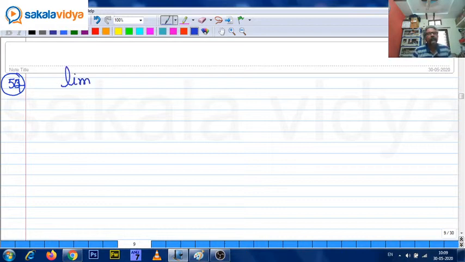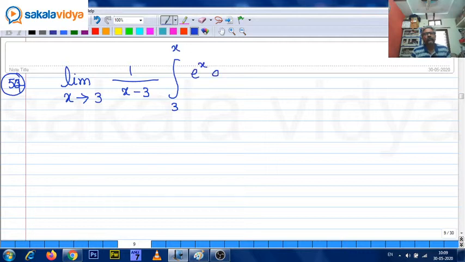Limit x approaches 3, 1 upon x minus 3 times integral 3 to x e power x dx equals to.